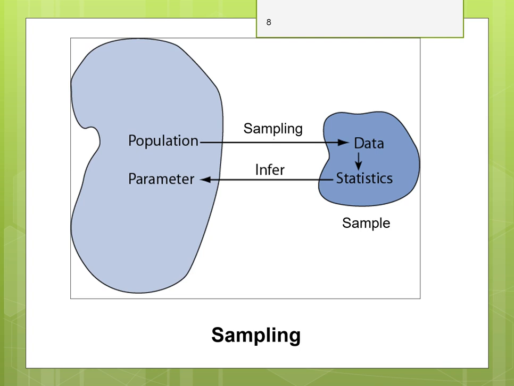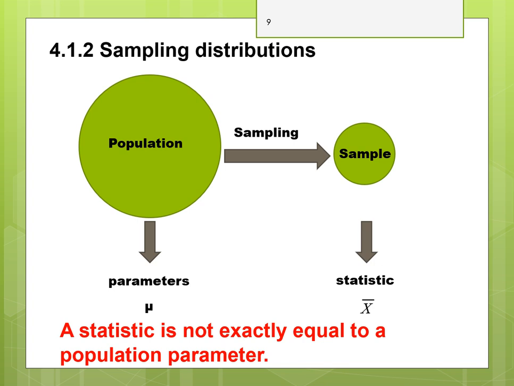And the next one, we study this sample and we can calculate the statistics with the data of the sample. And then we use the value of statistics to infer the population. By this way, we can know the property of the population. So this is statistical inference. Okay.